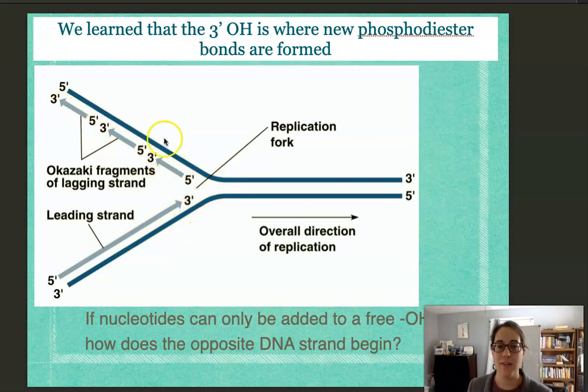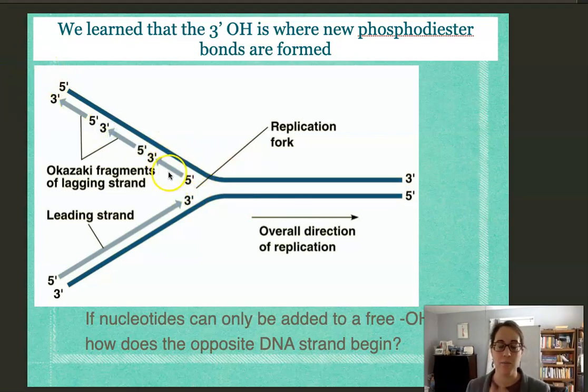Then over here we have the lagging strand, or I think it's referred to as the pain in the butt strand by one of the videos I'm going to link, because it's a little bit more complicated. This strand is called the lagging strand because as the helicase moves in this direction, it's separating the DNA, but the DNA polymerase on this strand is moving in this direction, right?